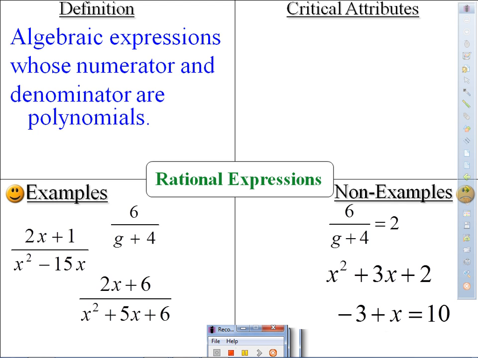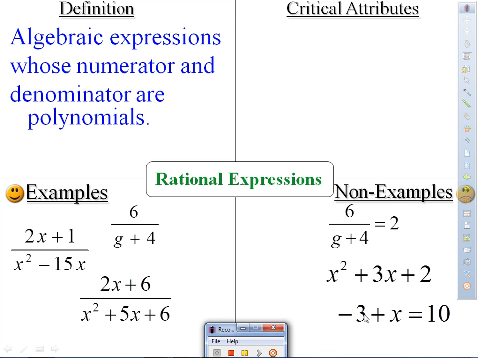Leo, why? Because what? Because they have equal signs.